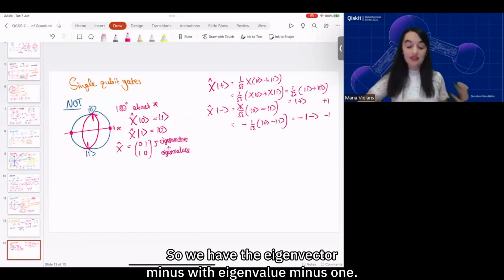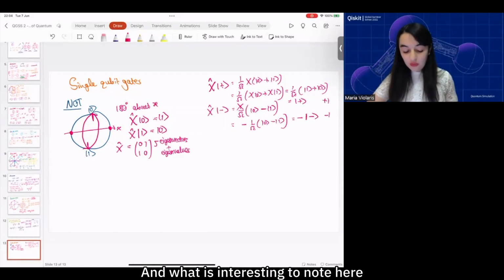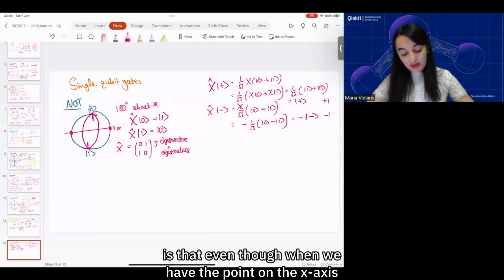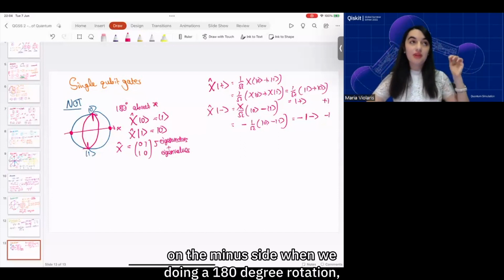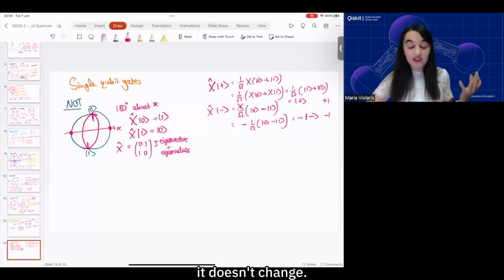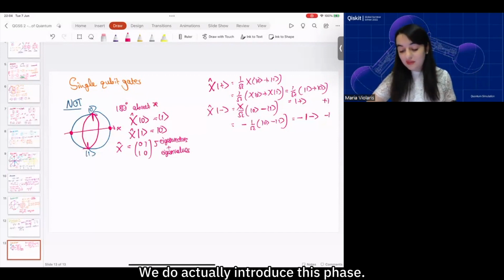So we have the eigenvector minus with eigenvalue minus 1. And what is interesting to note here is that even though we have the point on the x-axis, on the minus side, when we do a 180-degree rotation, it doesn't change. We do actually introduce this phase.